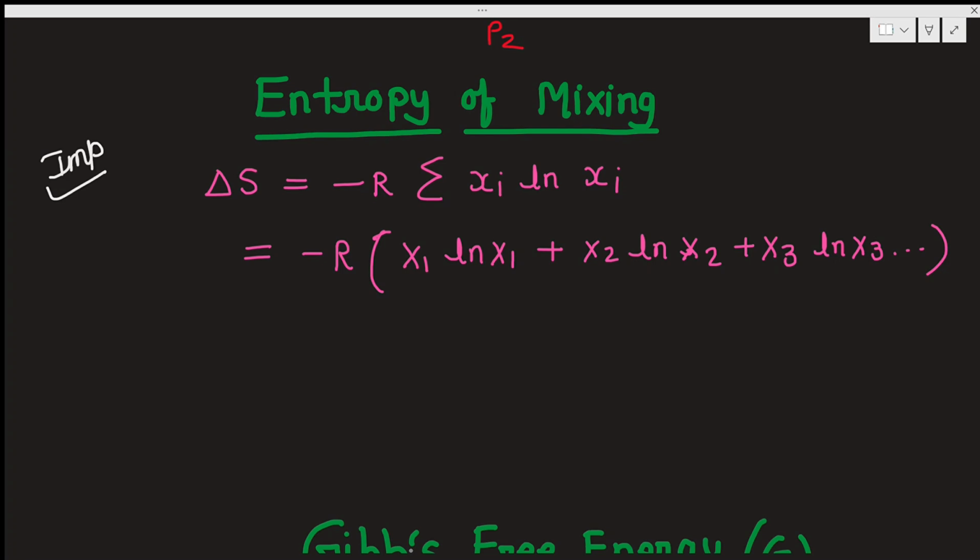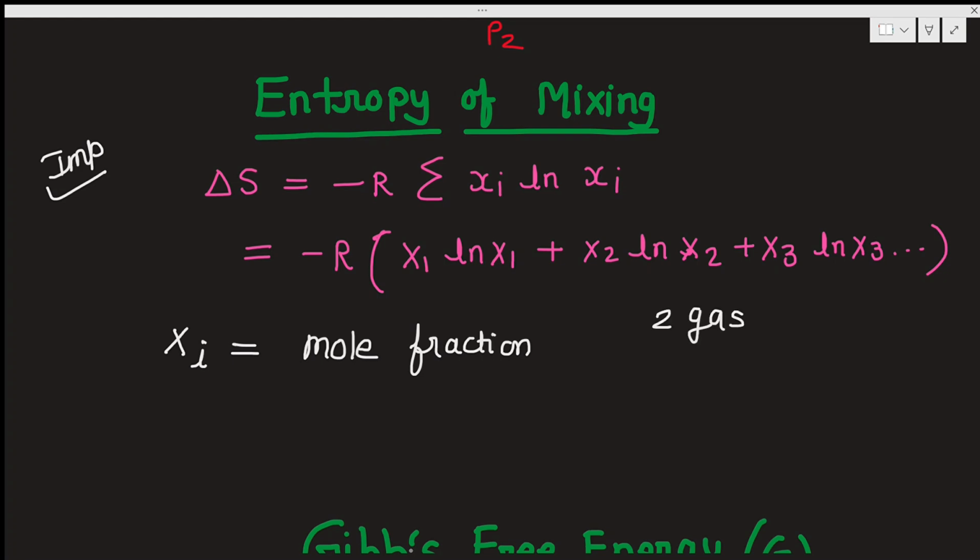So you will use this formula: del S is equal to minus R summation of xi natural log of xi. Or, suppose you are given three gases, then minus R times x1 natural log x1 plus x2 natural log of x2 plus x3 natural log of x3. Here x1, x2, x3 are the mole fractions.